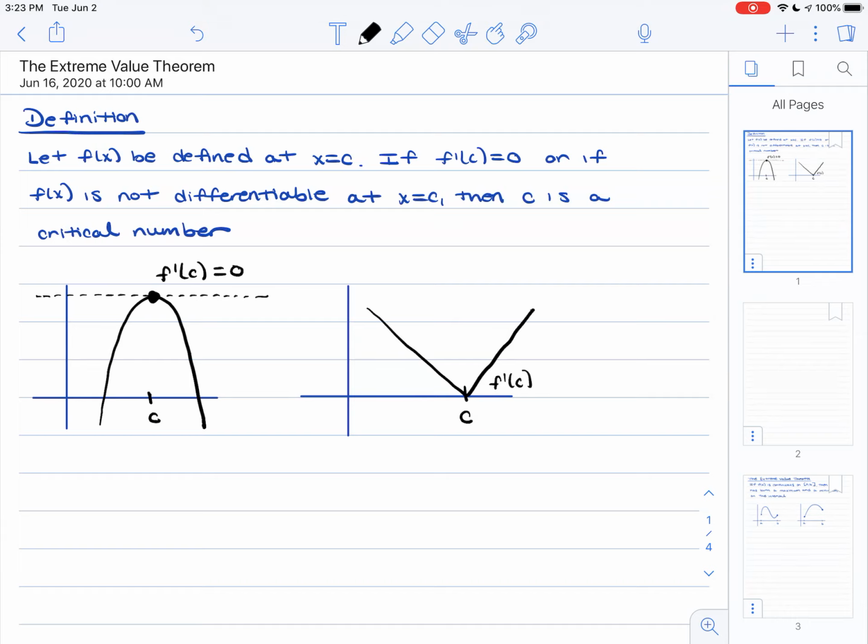All right, let's take a look at one more example with this extreme value theorem. Let's try f of x equals 2x minus 3x to the power of 2/3. And let's look at the interval -1 to 3.